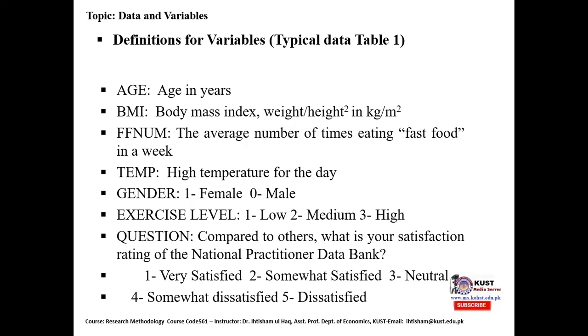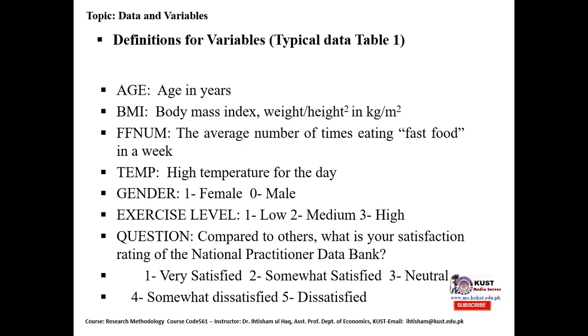For example, gender, so for female 1 is assigned and 0 for male is being assigned. And the question or outcome in the example of table 1 is, compared to other, what is your satisfaction rating of National Practitioner Data Bank, that how much a person is satisfied from rating of the National Practitioner Data Bank.